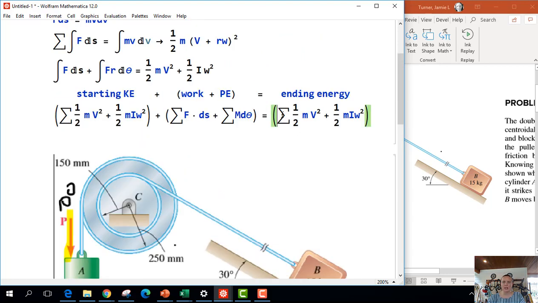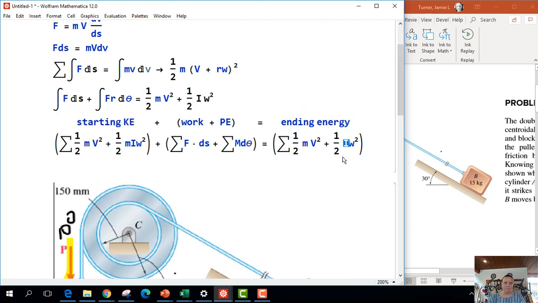So when we look at our ending energy, we're going to be adding together A and B, and then for C, it's going to be the inertia piece, just 1/2 I omega squared. Your inertia acts very similarly to mass. Just like mass resists translational motion, inertia resists rotational motion.